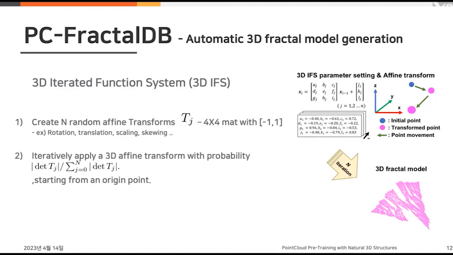So the affine transforms used in this 3D IFS are fixed. There are n affine transformations, and they could be sampled multiple times, the same affine transformations.